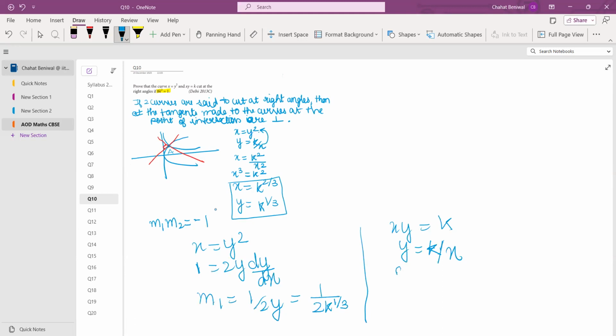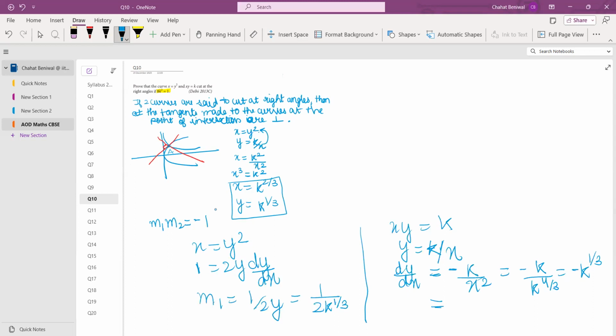So we know dy by dx is going to be minus k upon x square, which is minus k upon k raised to the power 4 upon 3, which is minus k raised to the power 1 minus 4 by 3.